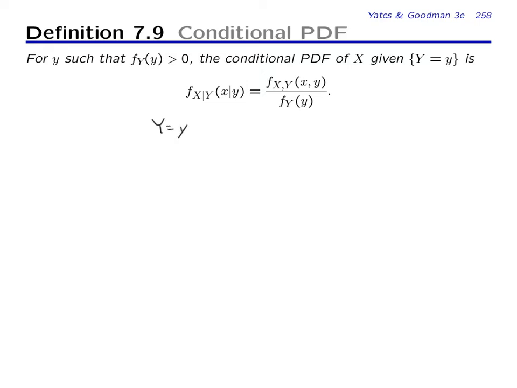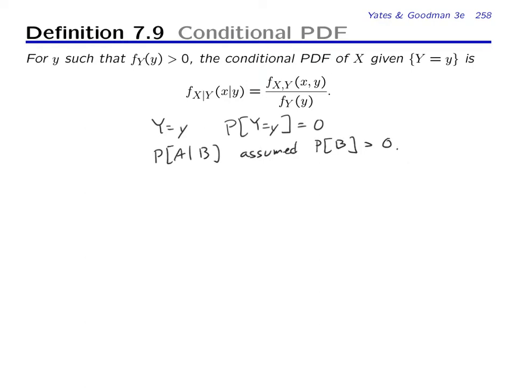And now we face the fundamental problem that the probability y equals y is 0 because y is continuous. However, when we define conditional probabilities, and for instance, we invented the conditional probability of A given B, we assumed P of B was greater than 0.